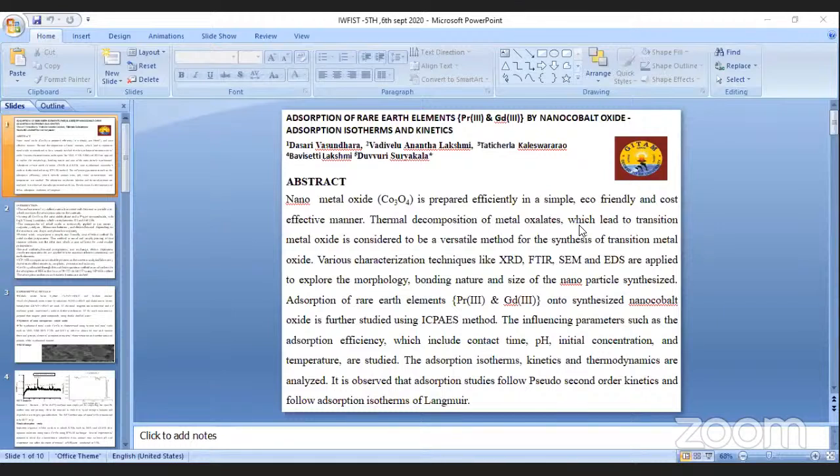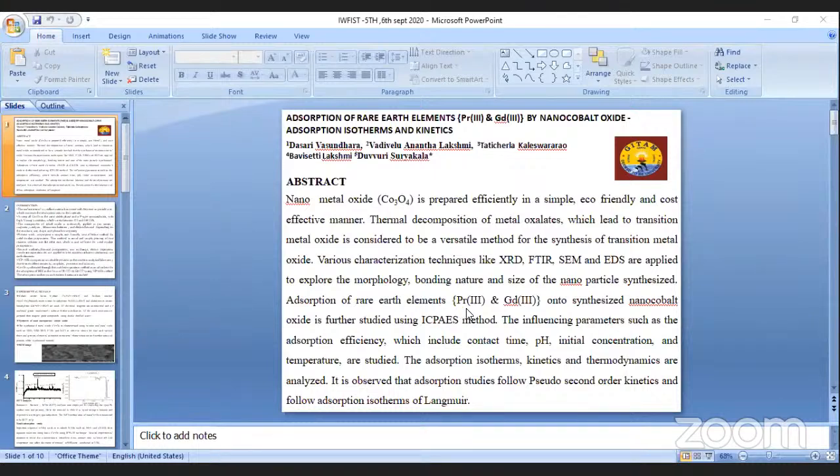Thermal decomposition of metal oxalates which lead to metal oxides is considered to be a versatile method for the synthesis of transition metal oxide. Various characterization techniques like XRD, FTIR, SEM are applied to explore the morphology, bonding nature, and size of the nanoparticles synthesized.